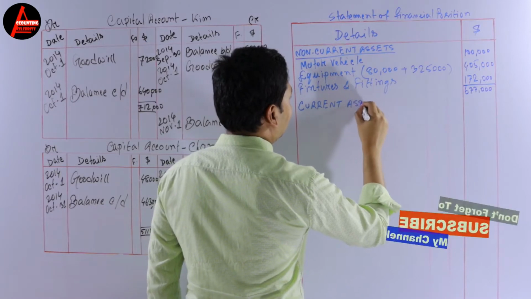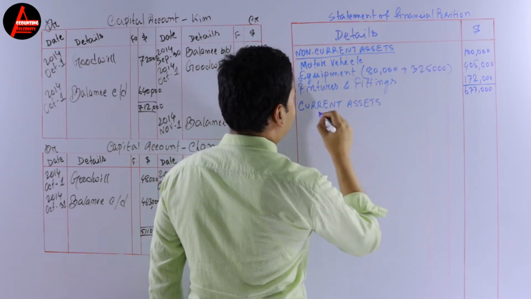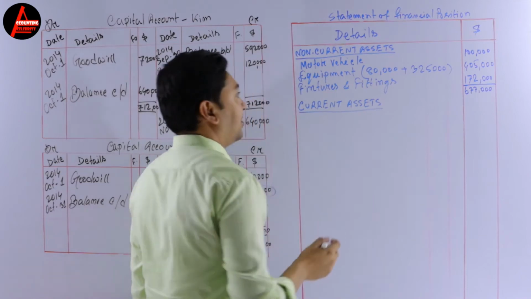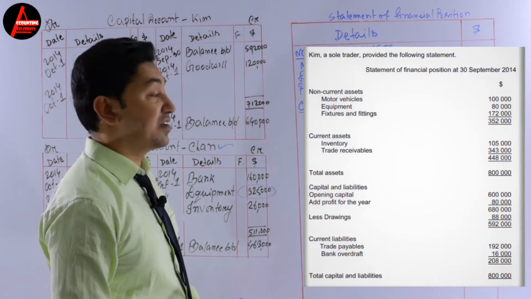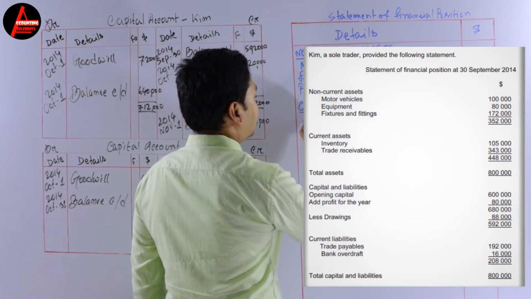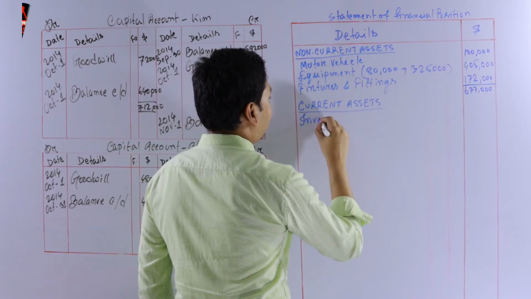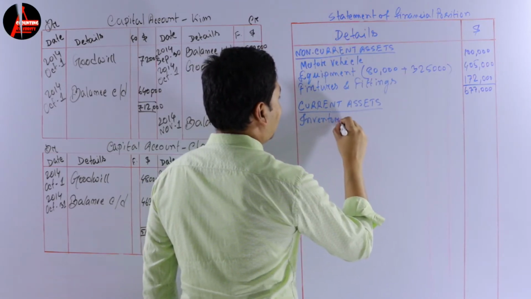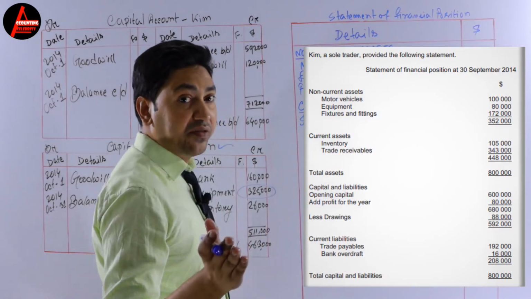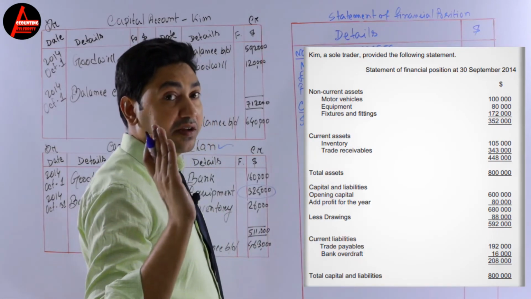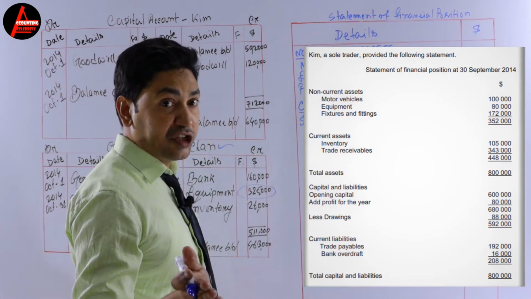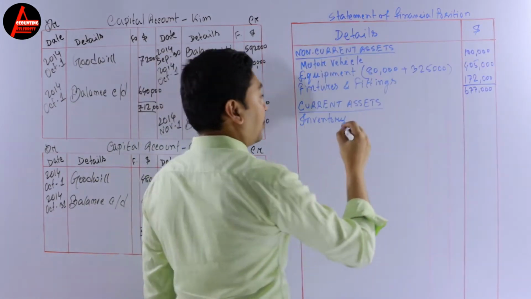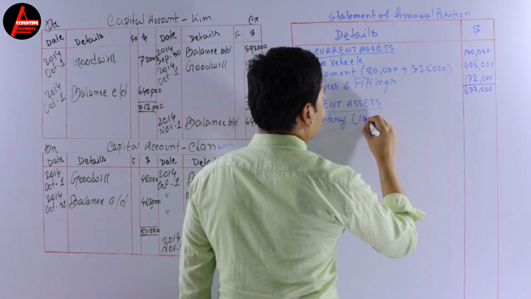Now we write here current assets. So what is the first current asset? Inventory. So let us write inventory. What is the value given in Kim's statement of financial position? Here it is $105,000.